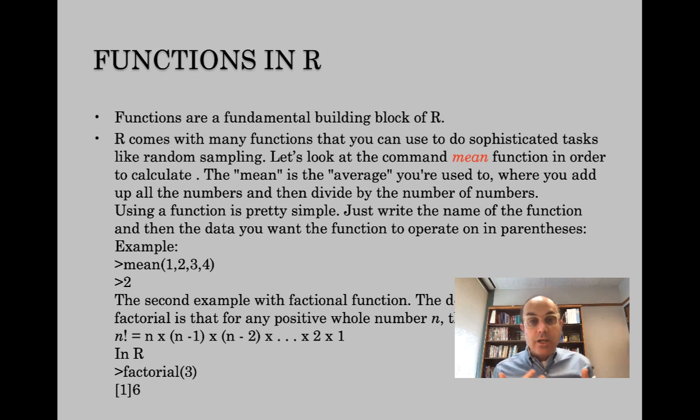For example, mean is an embedded function. We do not need to write the code for the mean in order to calculate it. R will recognize this function and apply it. For example, the mean of 1, 2, 3: R will know that 1, 2, 3 is the data set and the mean is the function, in this case the mean of the numbers.